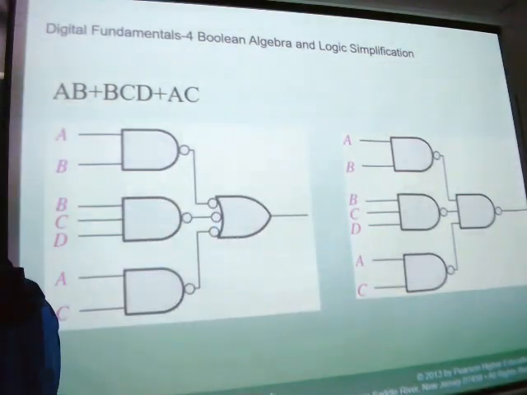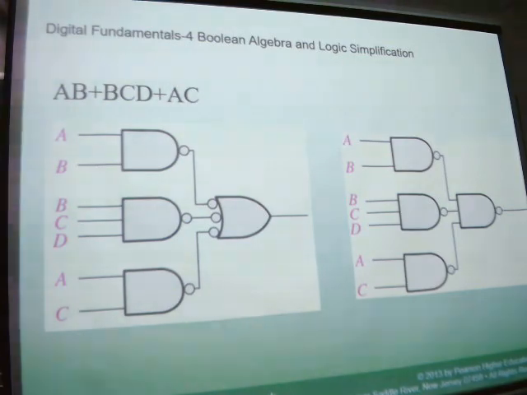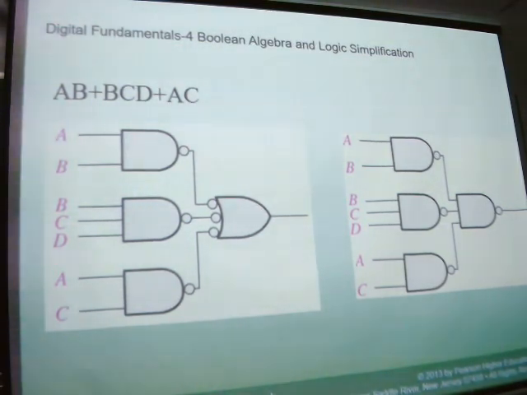The right circuit for this example, AB plus BCD plus AC, first we know it is AB bar, BCD bar, AC bar.